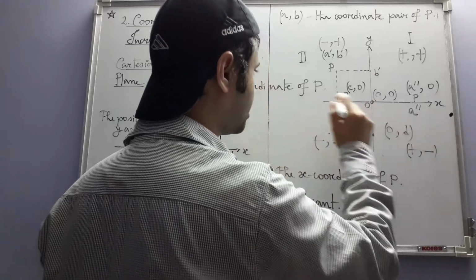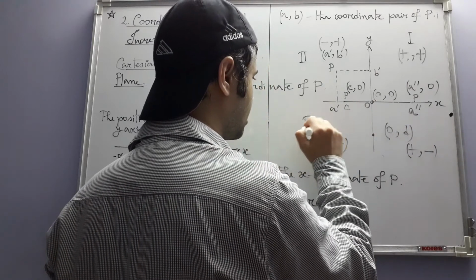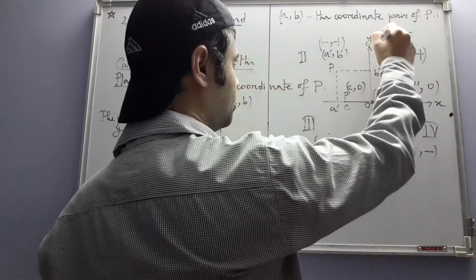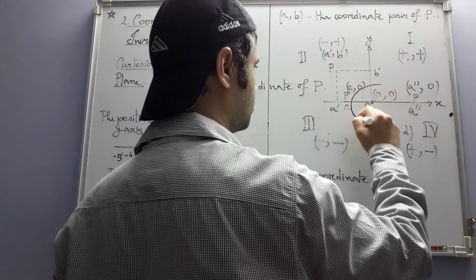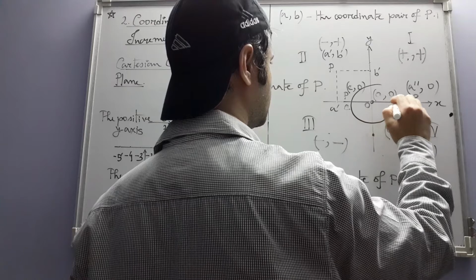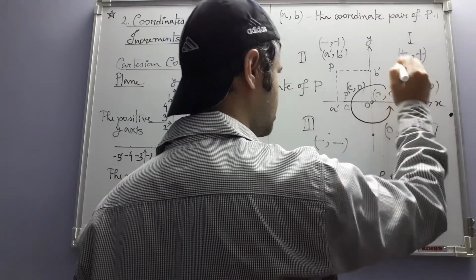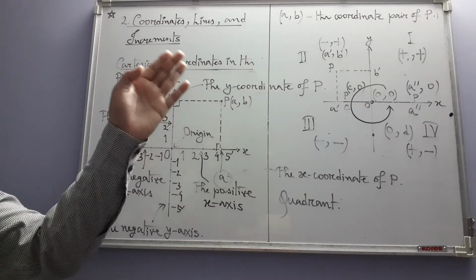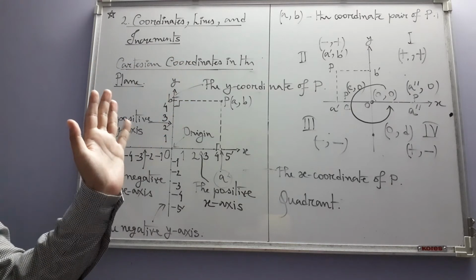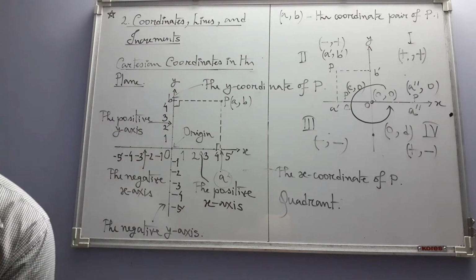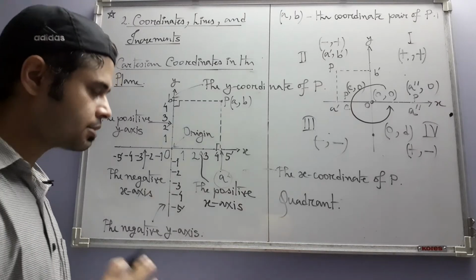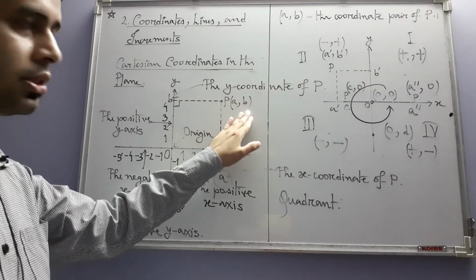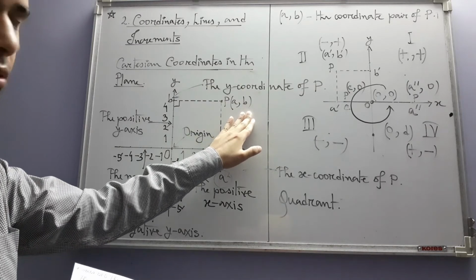These are the 4 compartments. This is the third quadrant and this is the fourth quadrant. They have been numbered in the counterclockwise sense, starting from this one, where the coordinate pairs are such that both the x and y coordinates are positive.